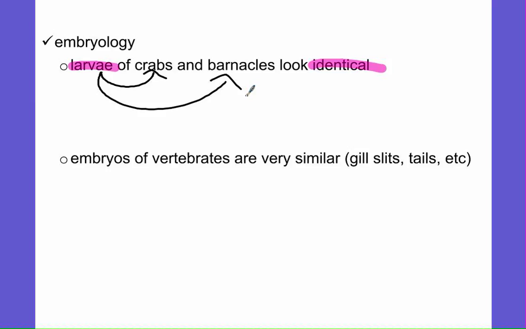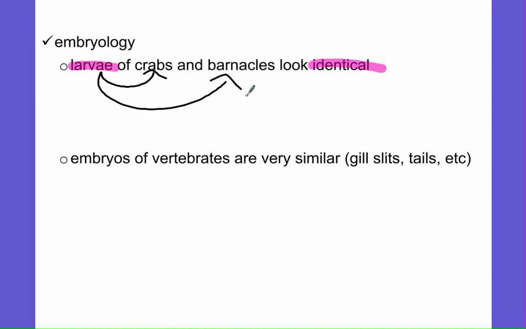Because there's no other reason for them to be so similar, because a shrimp is not that similar to a crab at that point. Right? And neither is a lobster. So all of those things being crustaceans, you might think that these two are more closely related than any other two that you might point out there. But it comes from how similar they look when they're larvae.